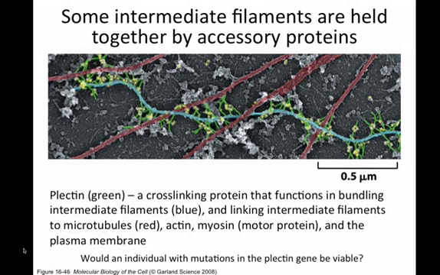Based on the importance of plectin in regulating and organizing intermediate filaments and cross-linking them to other cytoskeletal proteins in the cell, do you think an individual with mutations in the plectin gene would be viable? What do you guys think? What would happen if your intermediate filaments were not organized in any way or attached to anything?